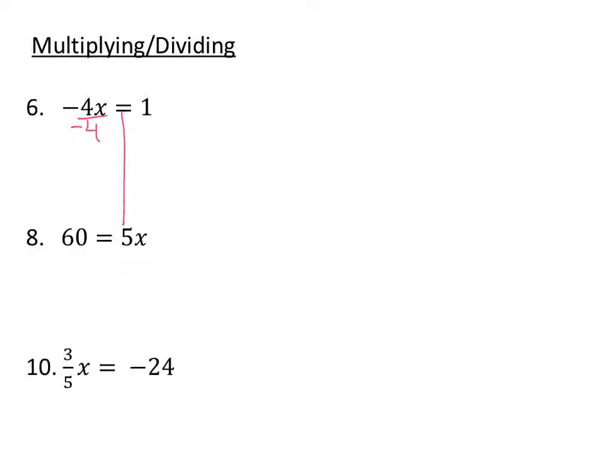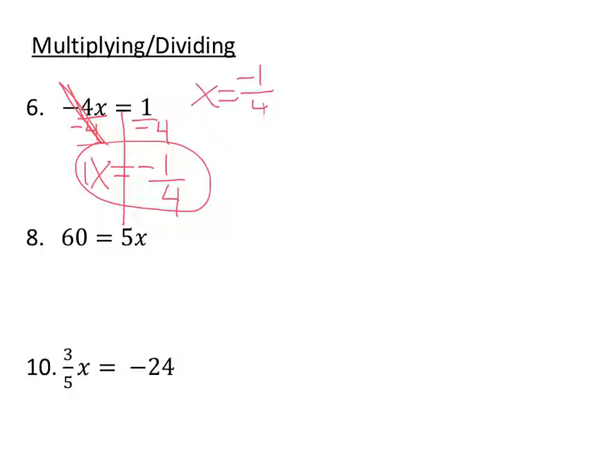Negative 4 divided by negative 4 is positive 1, and that's what I want, positive 1x, which is the same thing as x. So I divide the left side by negative 4 and I divide the right side by negative 4. Then we just get negative 1/4, and that's our answer. That fraction doesn't simplify. Remember, 1x is the same thing as x, so x equals negative 1/4.